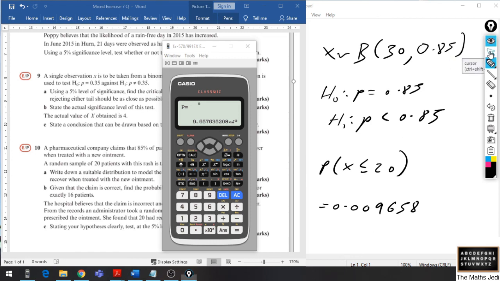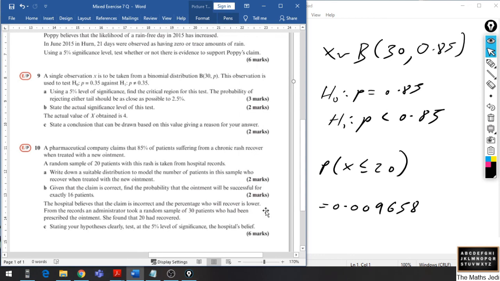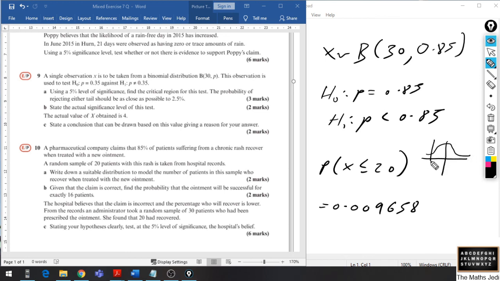So very, very small, much less than 5% level of significance. So again, just to explain what's going on here, if you were to have a look at the distribution, because we're doing a one-tailed test, this would be 20. This would be the 5% significance level, and then this would be the critical region, and 20 is going to be in there somewhere.